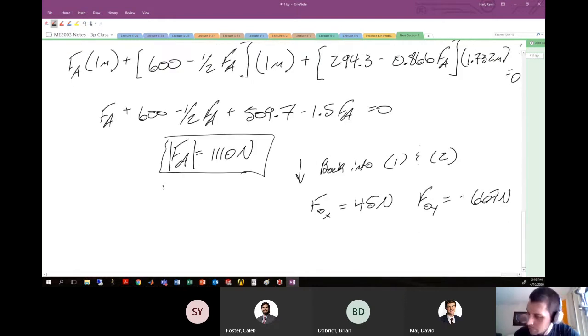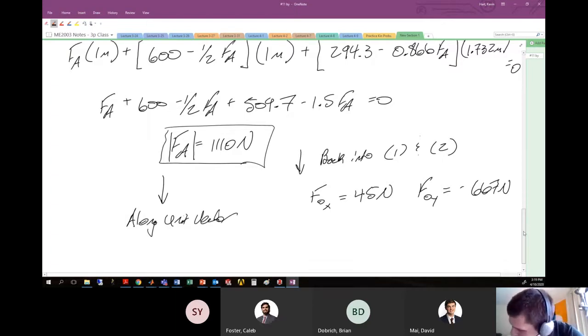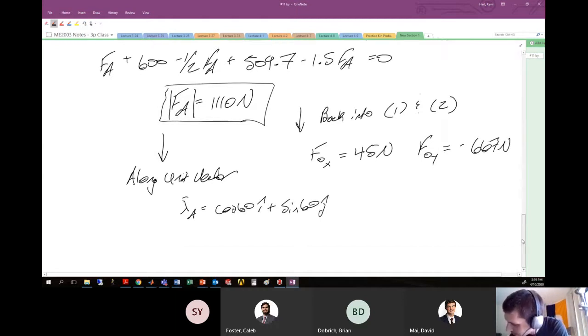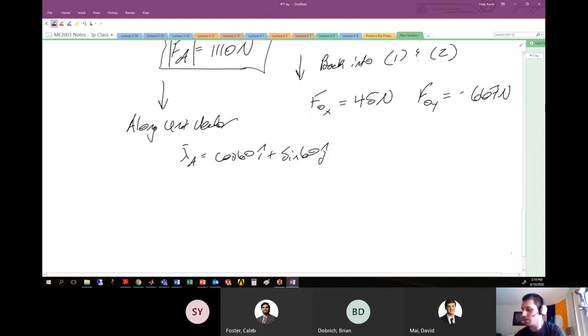Note that this force at A is along a unit vector, which is defined by lambda A is cosine 60 i hat plus sine 60 j hat. You put all these things together and you can write your force vectors appropriately, using the unit vector along point A for the magnitude of the force at A. The force acting on the pin at O is 555.